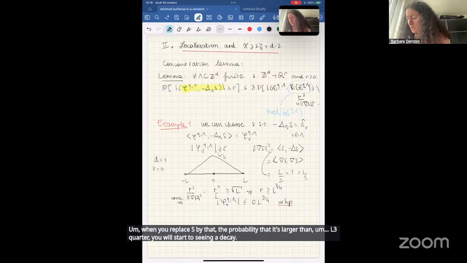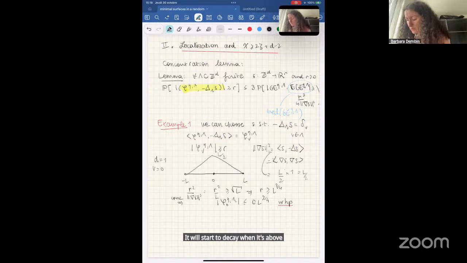It will start to decay when it's above this thing. Yes. So this gives you an upper bound on V. And so this is the upper bound Ron presented in his table.